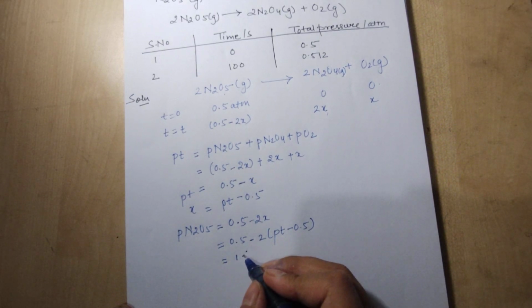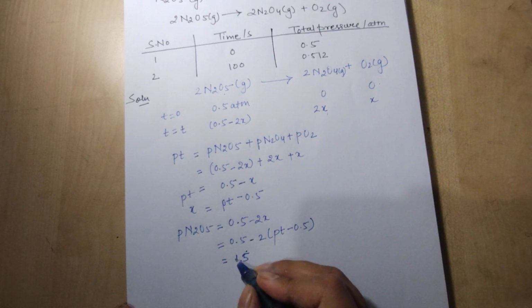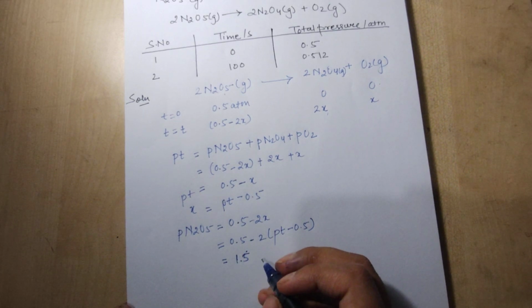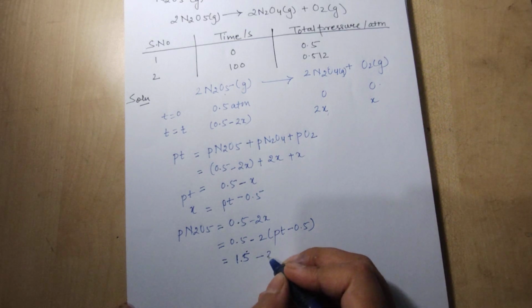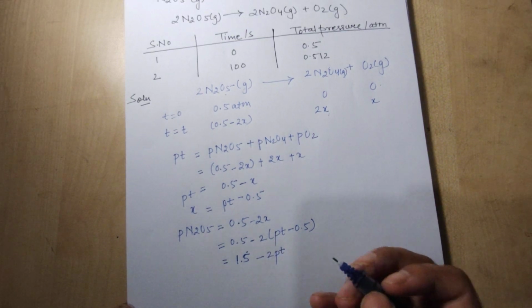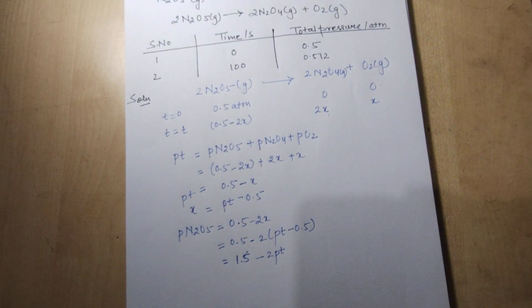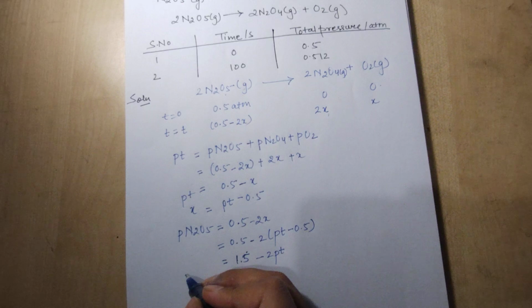After calculating, it becomes 1.5 minus 2 Pt, that is the pressure of N2O5.